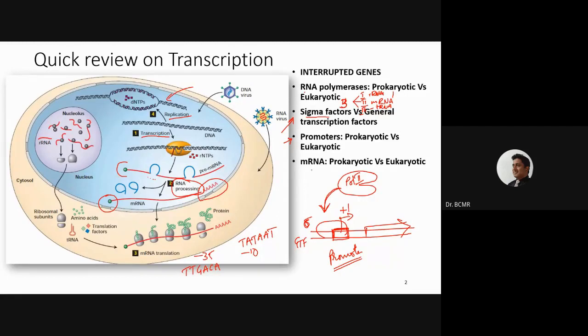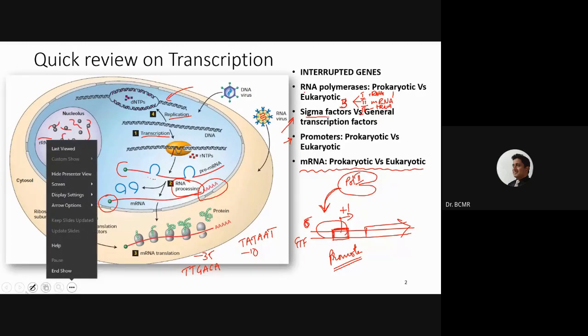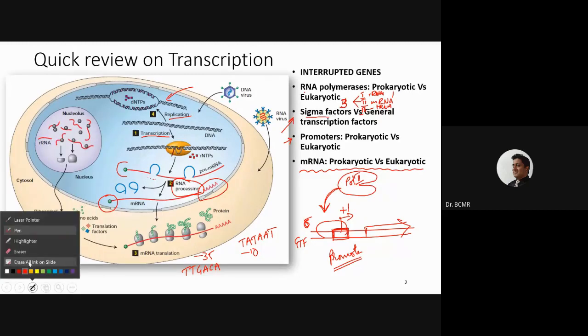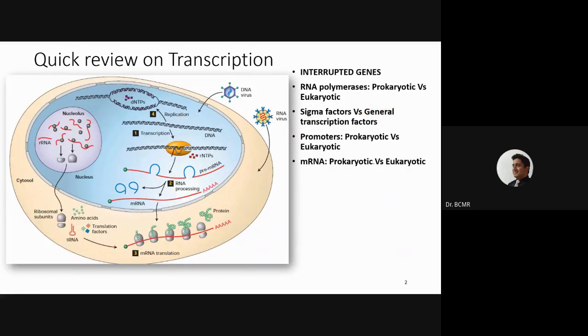There is also something I described that you all have to remember: the differences between prokaryotic and eukaryotic mRNAs, right? That's important because when you remember a point like this, you remember a lot of molecular biology on both sides, prokaryotes and eukaryotes.